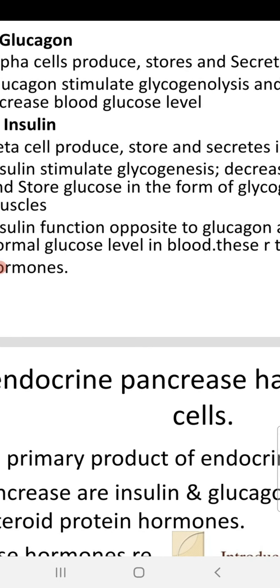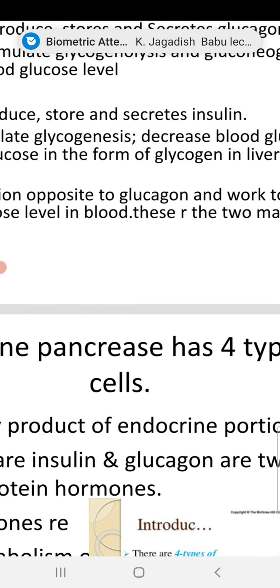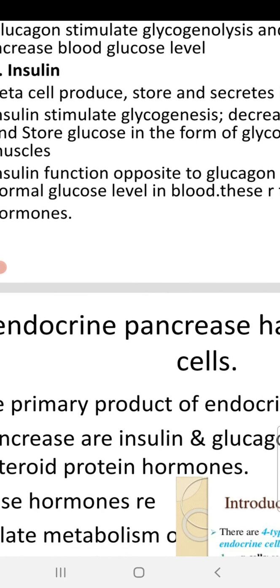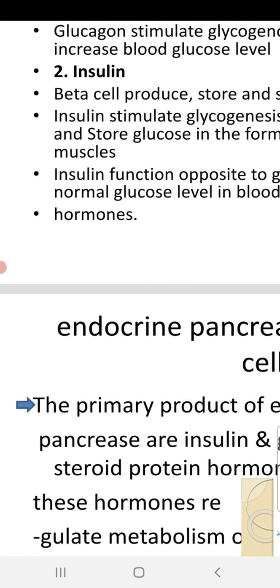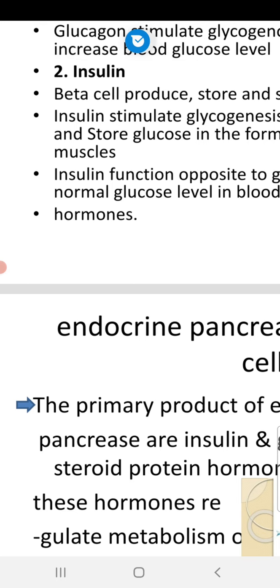and stored in the liver, and that decreases the blood sugar, because the total sugar present in the diet at a time will not all be used up. A particular range will be used up, and whatever is in the extra range will be stored for the future.